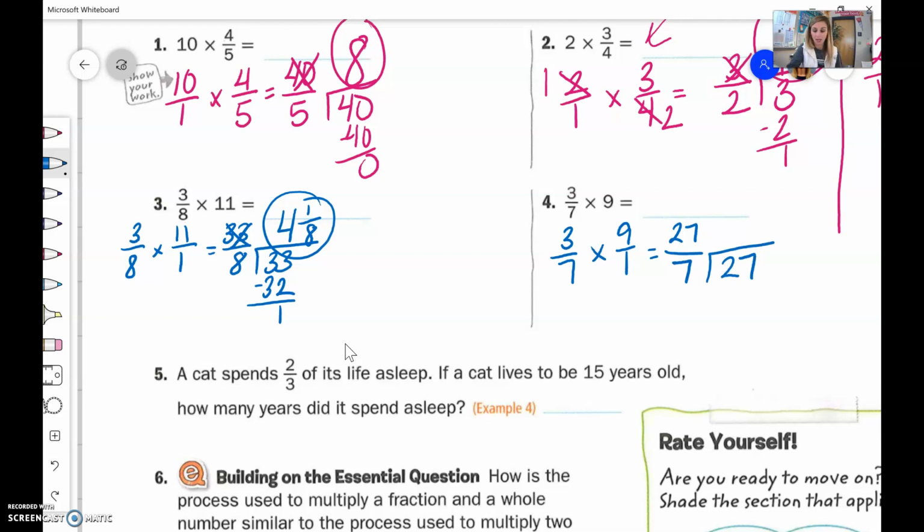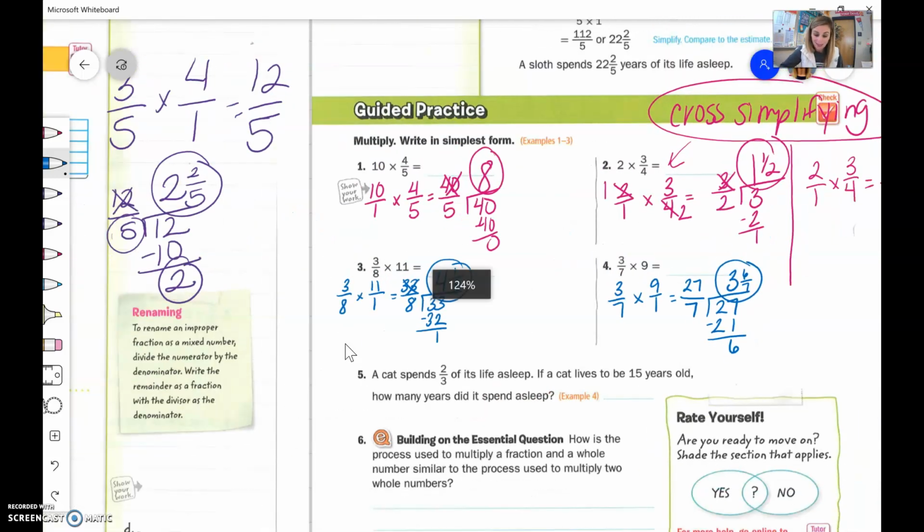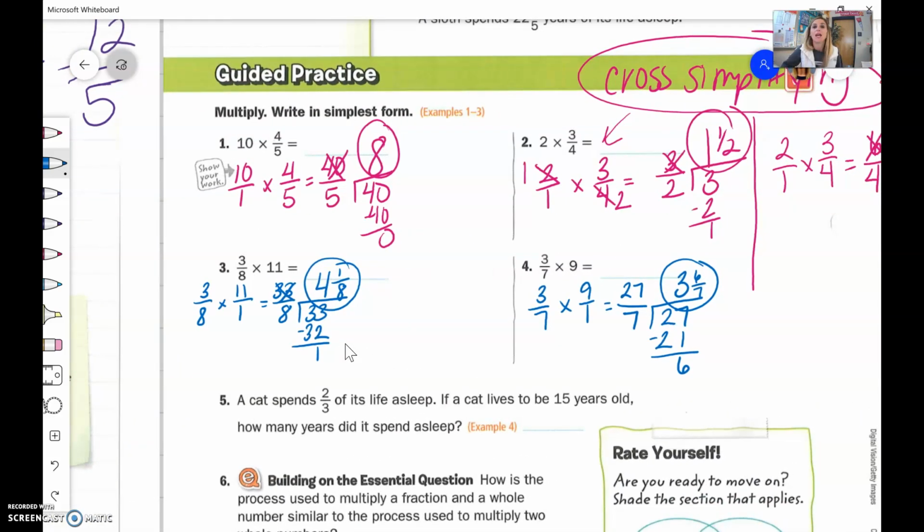When I divide, I get 3, because that gives me 21. When I subtract, I get 6, and I get 3 and 6/7.